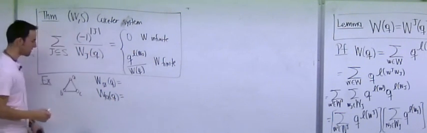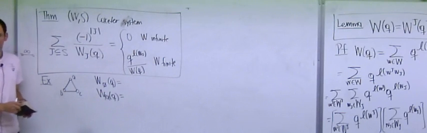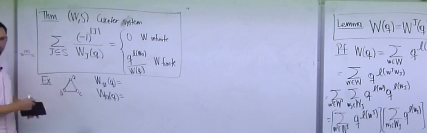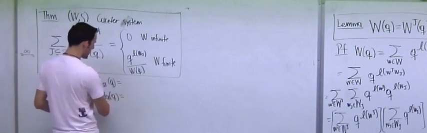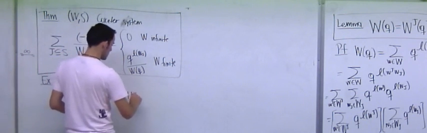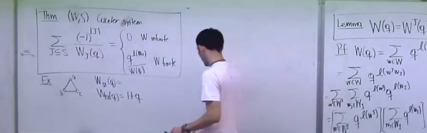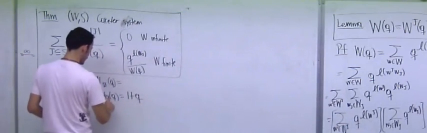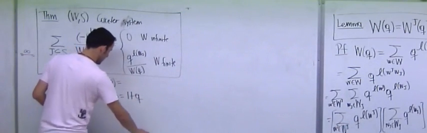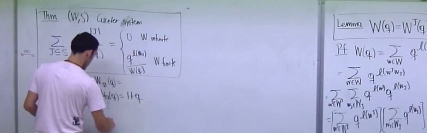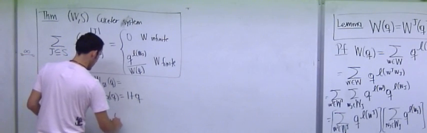What's the Poincare series of the one generated only by A? You have only one generator, so it's either the identity or A. So it's 1 plus Q. And by the way, it's the same for B or C, right? This is the same for A or for B or for C. Okay. Now, what about the one for A comma B?